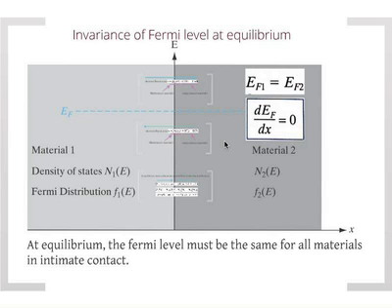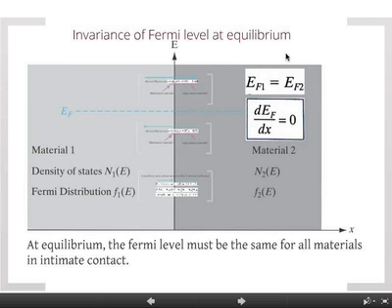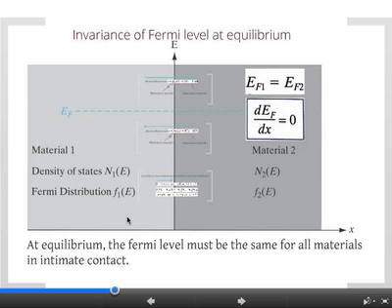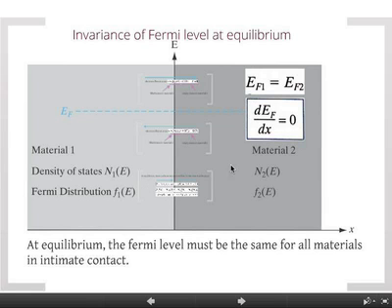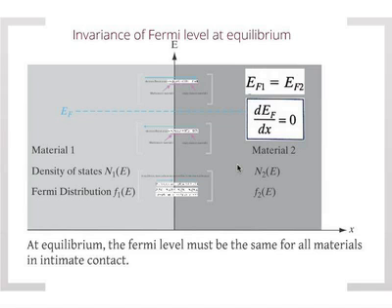They're in intimate contact. What the invariance of Fermi level at equilibrium means is that at equilibrium, the Fermi level must be the same for all materials in intimate contact. So if you go from one material to the next, the Fermi level cannot change. Recall, what is the Fermi level? It is the energy level in a semiconductor where the probability that that energy level is occupied is 50%.